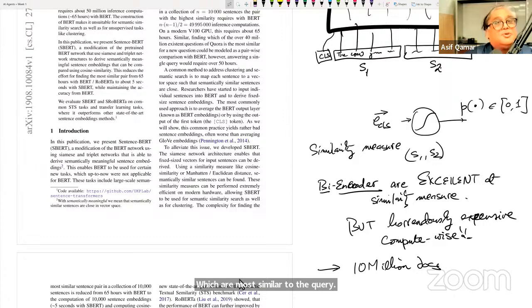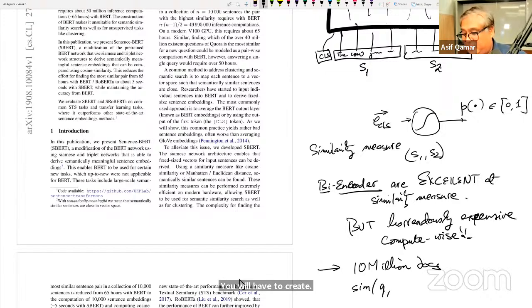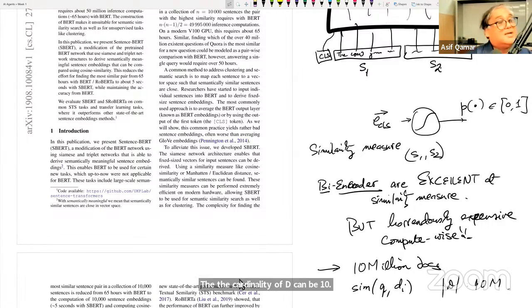So you will have to create the similarity score between the query and every document D_i in the corpus, right? Where the cardinality of D can be 10 million. So by the time you do that, you realize that it's become a horrendously expensive computation.